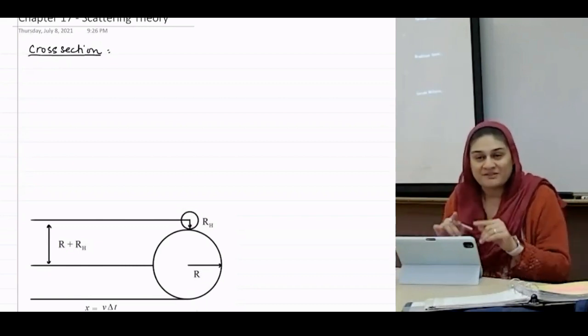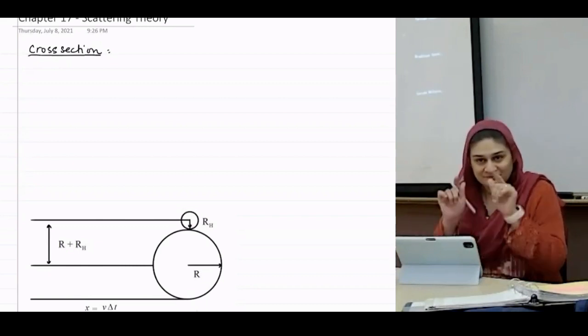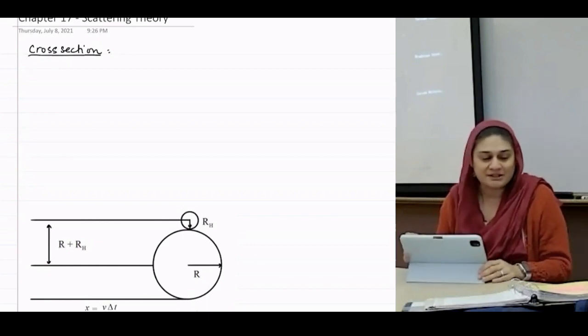Now let's put some fancy words on top of this. So what is a cross section?